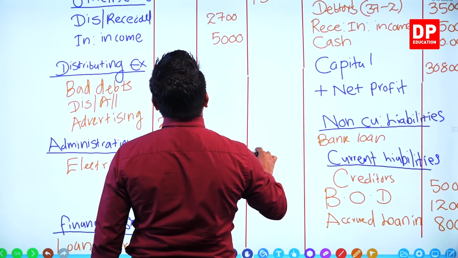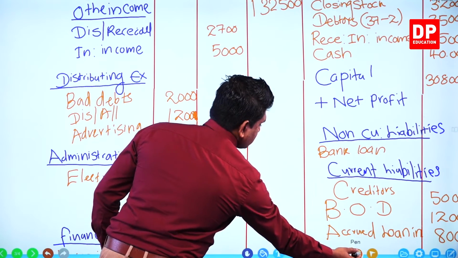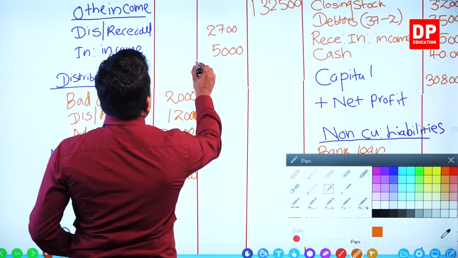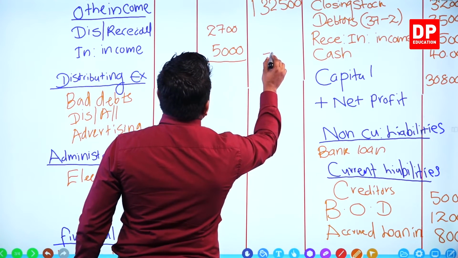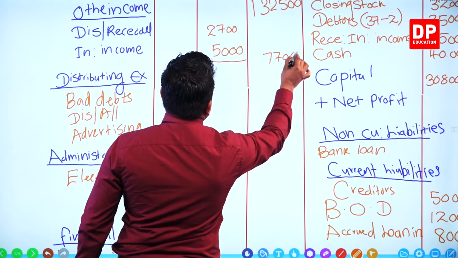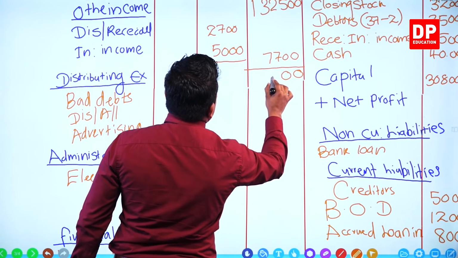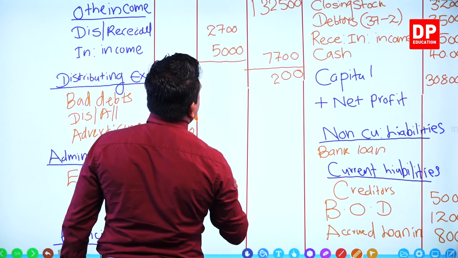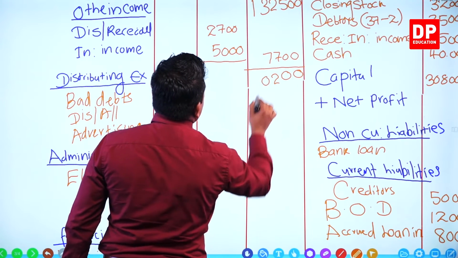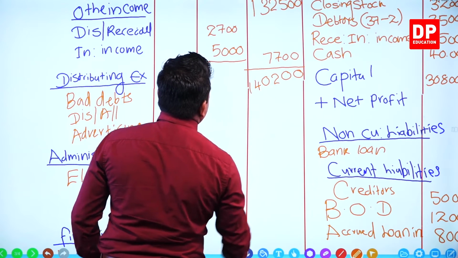Now other income. There are two other incomes. First one is, here, how much? 7,700. You can add these two. 140,200, right?